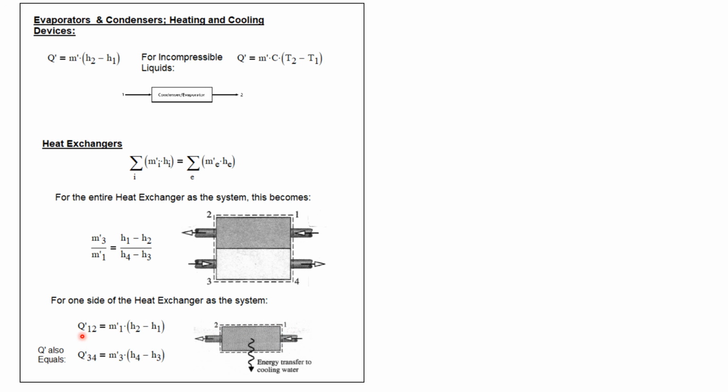We can see that the heat transfer rate between the inlet 1 and the exit 2 for this heat exchanger is the mass flow rate at state 1 times H2 minus H1. We could have done this easily for the other side of the heat exchanger where we're looking at states 3 and 4. We could have said that the heat transfer for the fluid between state 3 and 4 is just the mass flow rate at the inlet 3 times H4 minus H3.